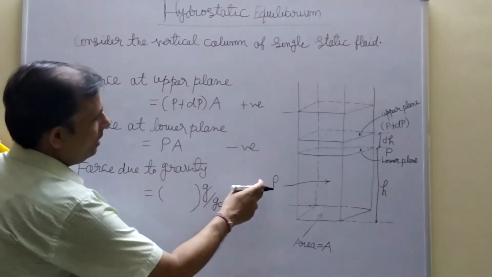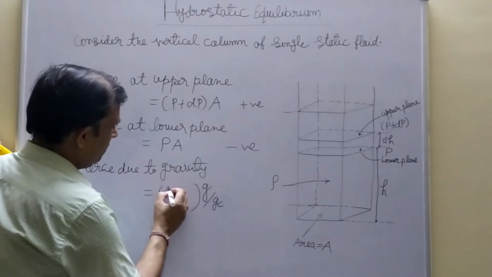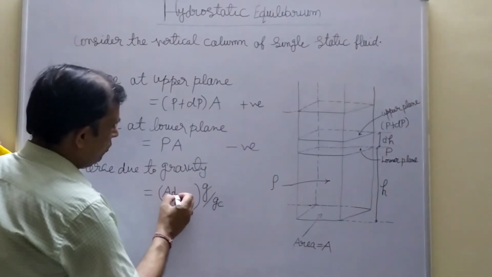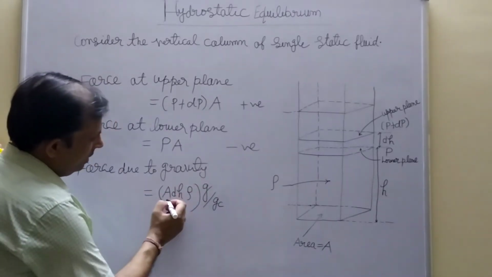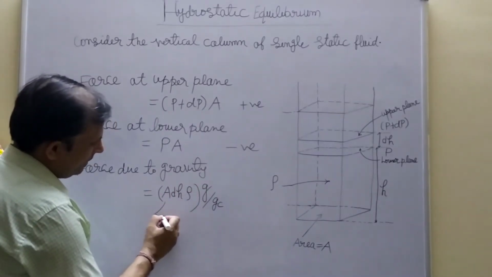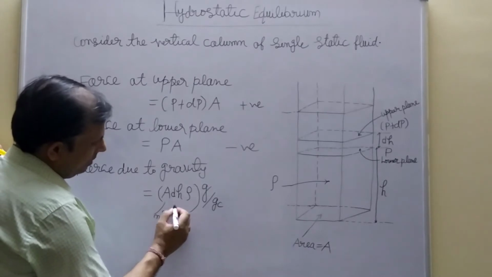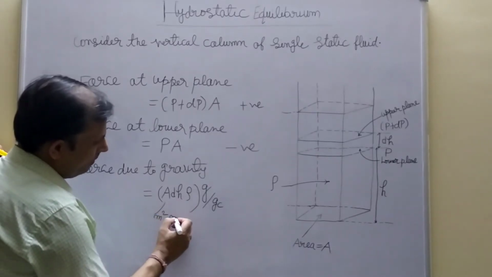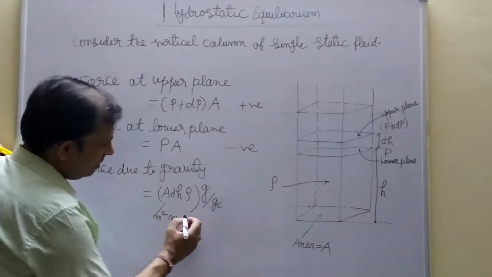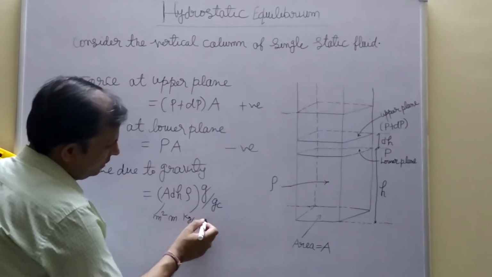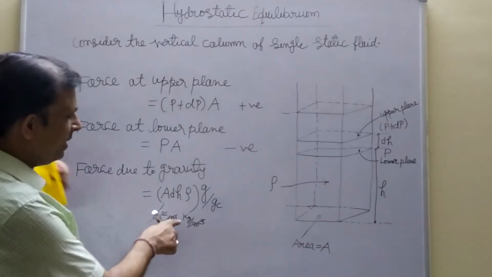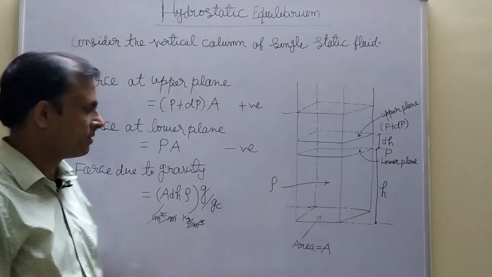The area A, the differential height dh, and the density rho are given. Area is in meter square, differential height in meter, density in kilogram per meter cube. So the units cancel out, and only kilogram remains, which means mass.